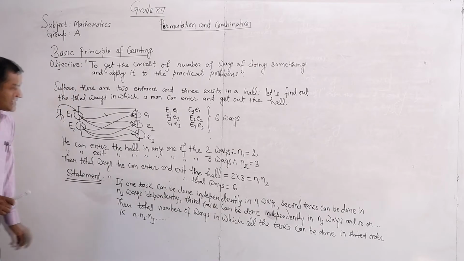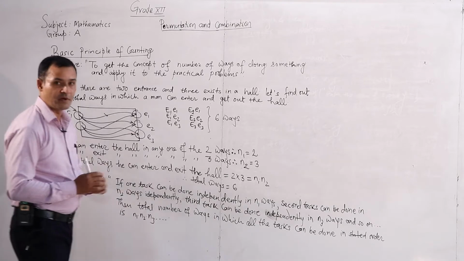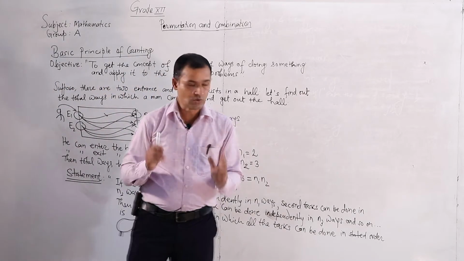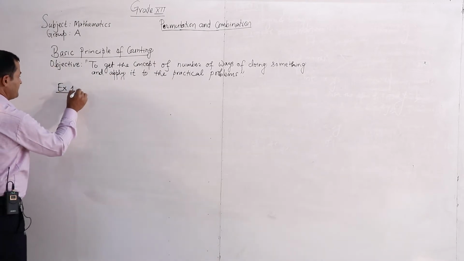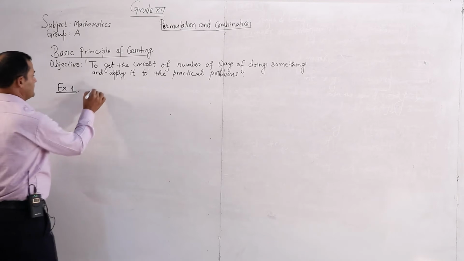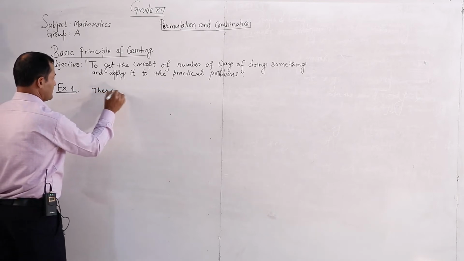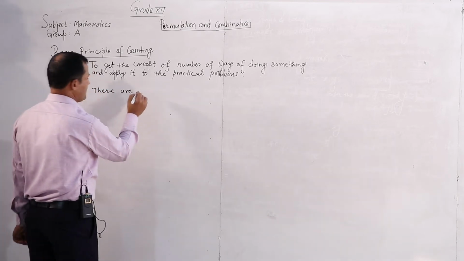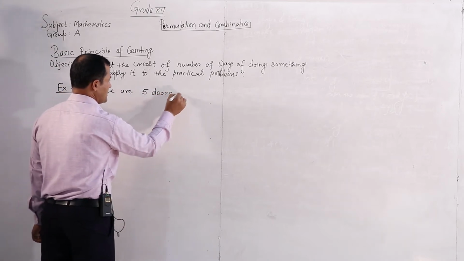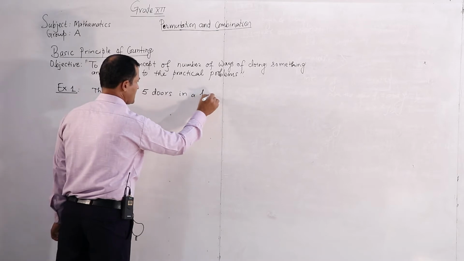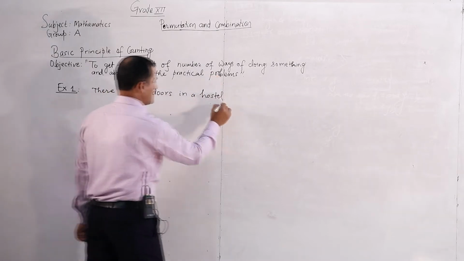And let's take some very interesting examples to apply this concept. Example 1. Suppose there are 5 doors in a hostel.